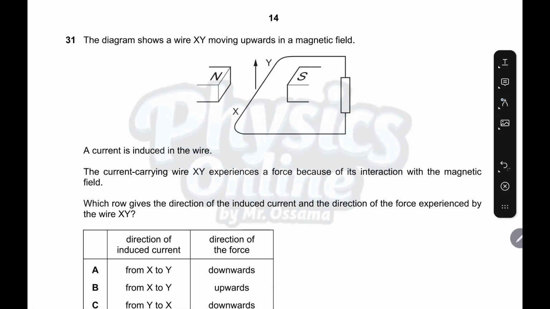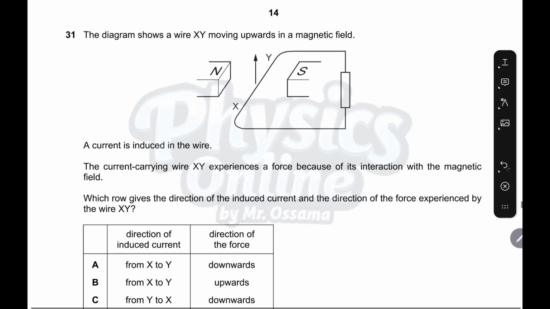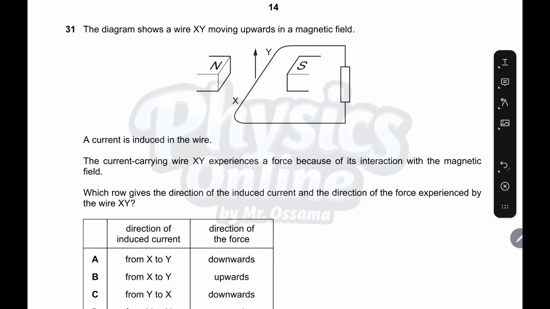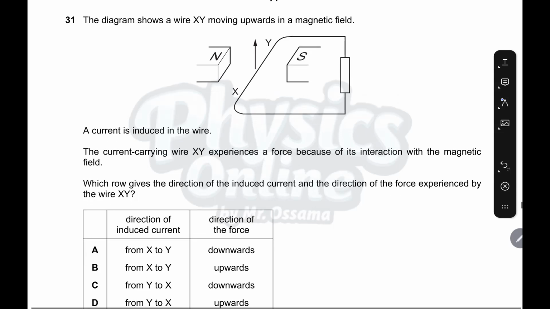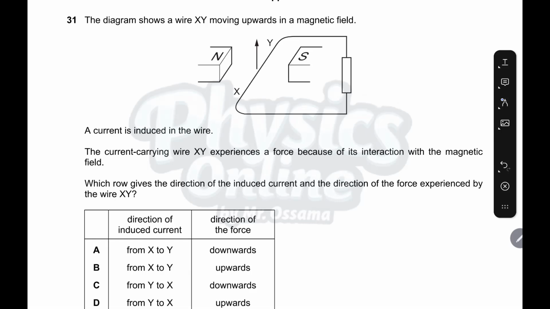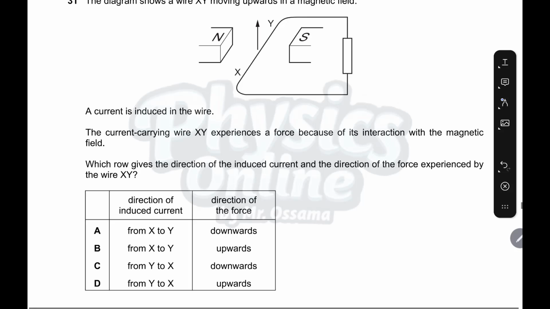The diagram shows a wire XY moving in a magnetic field. A current is induced in the wire. The current-carrying wire XY experiences a force because of its interaction with the magnetic field. Which law gives the direction of the induced current and the direction of the force?